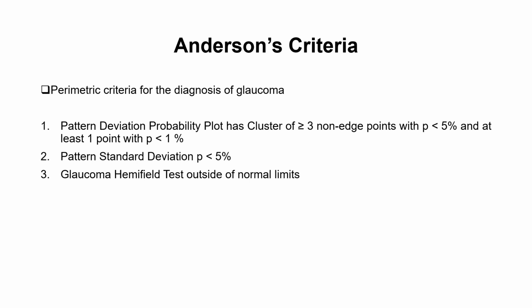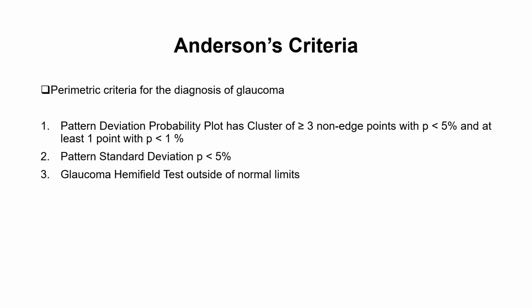The first point: the pattern deviation probability plot has a cluster of more than 3 non-edge points with probability less than 5%, at least one of them with probability less than 1%, which means that this one point has 99% chance of being abnormal.